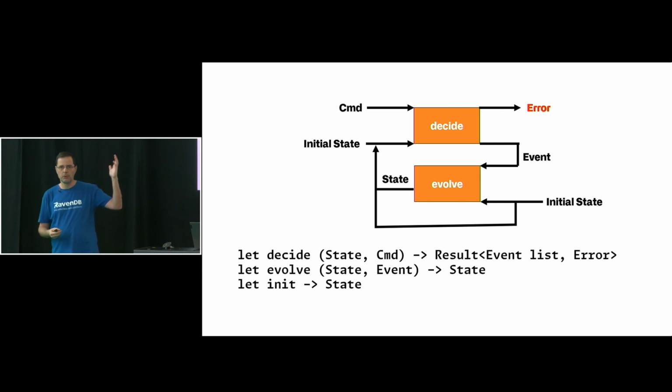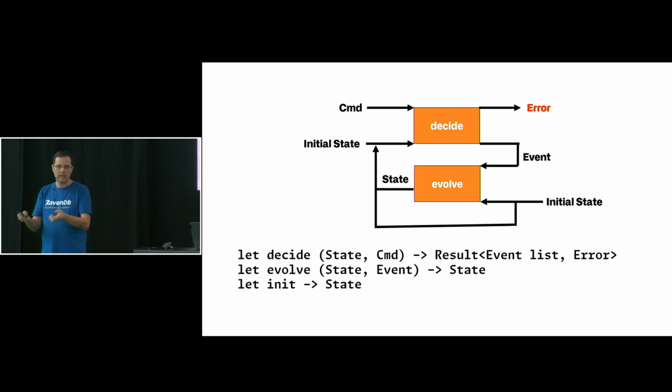And then the produced events are fed into a second function called evolve. So this function is receiving the current state and the events produced from the command. And then based on the current state and on the event, I'm producing a new state. So now I have the decide function, which is deciding what events will be produced from the input command.